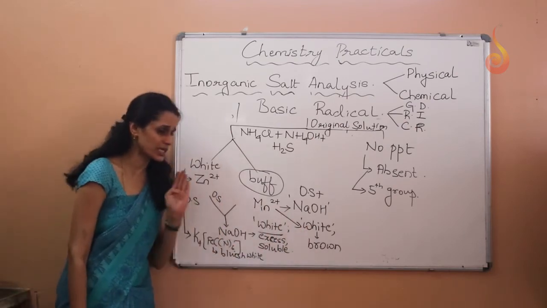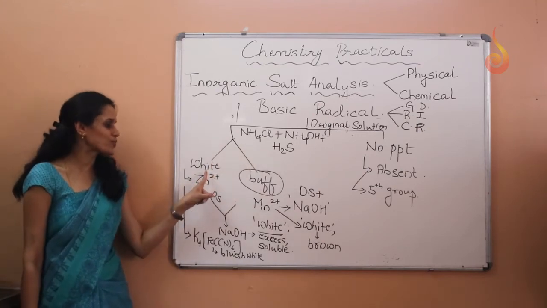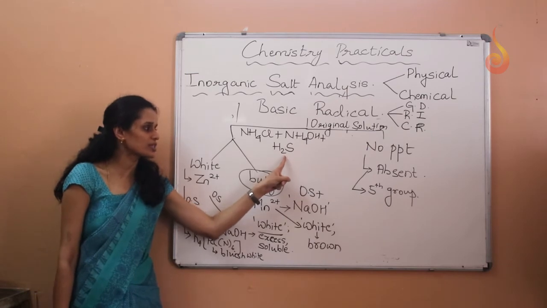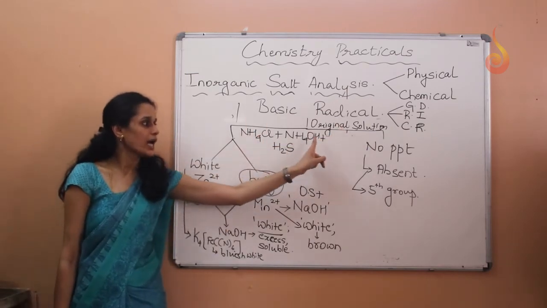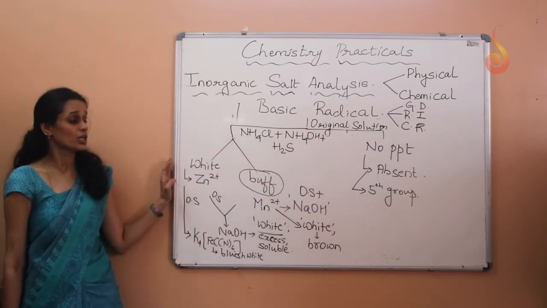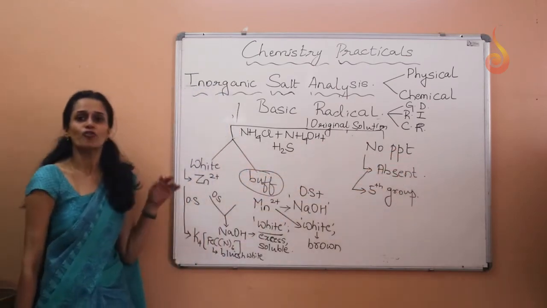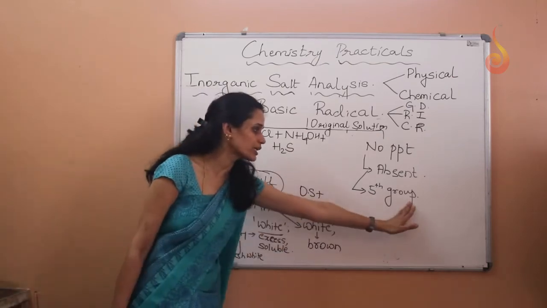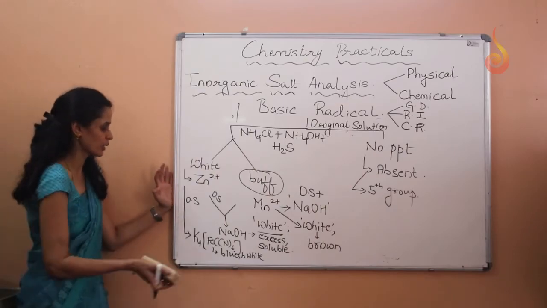This confirmatory test is performed only when we observe a precipitate after adding hydrogen sulfide to the original solution, ammonium chloride and ammonium hydroxide mixture. Suppose we don't observe anything in the test tube, then we say fourth group basic radicals are absent, and we directly move on to fifth group basic radical detection.